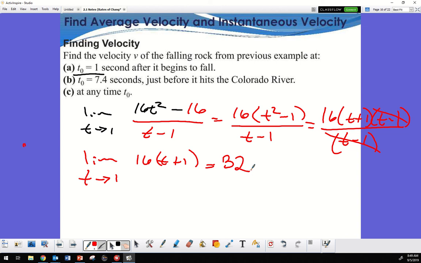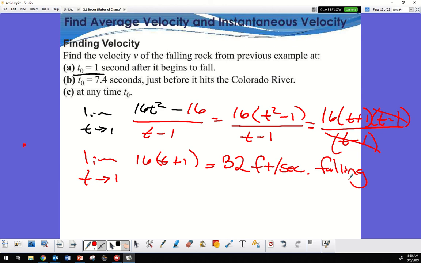If I'm doing it using the limit process like this, I have to talk about it. So it is falling at 32 feet per second.